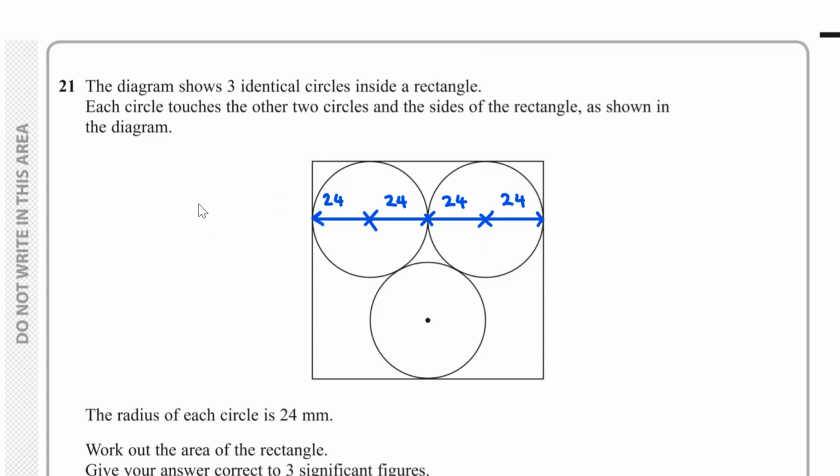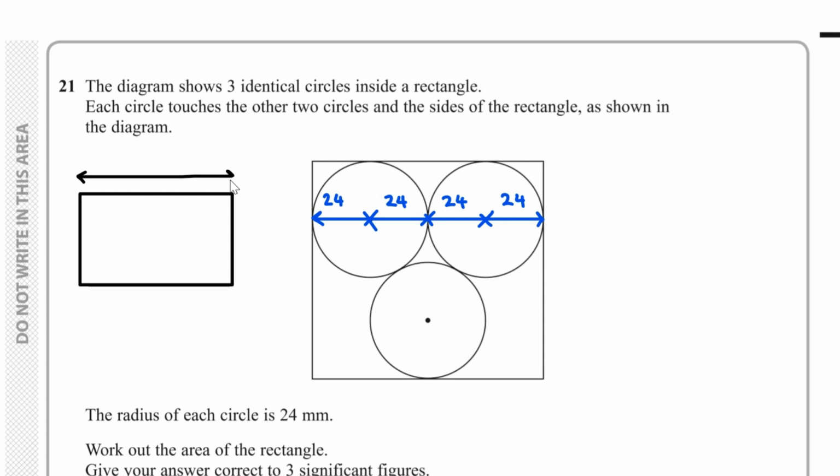So let's just show a rectangle. Here is our rectangle, and if I add the dimensions, you can see here we've got this length over here, which is 96.